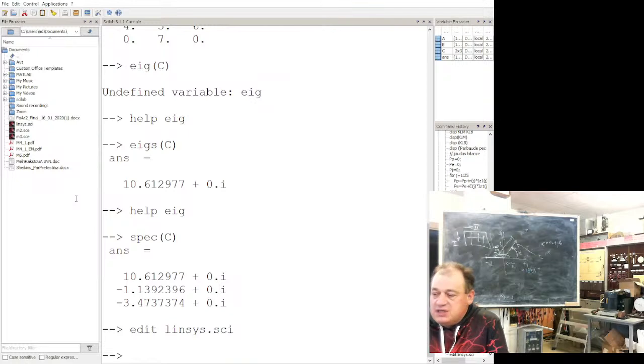SciLab has a built-in Gauss procedure. This reverse or backslash calls the Gauss procedure, already there. For a general linear equation, we don't need to bother. It has built-in Gauss solution.